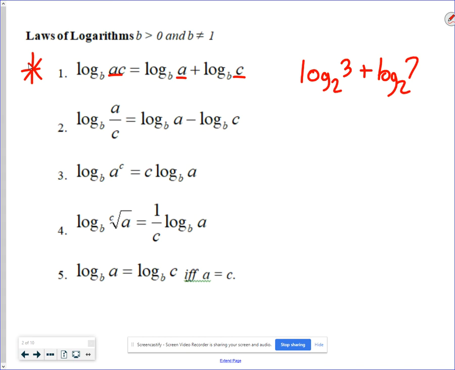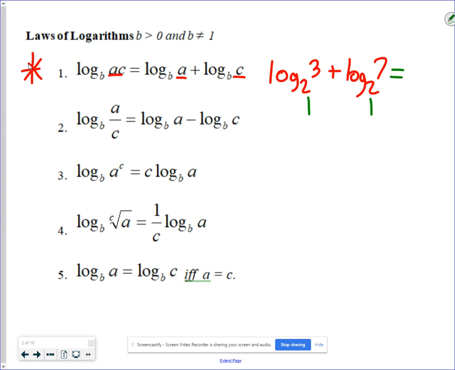So log base 2 of 3 plus log base 2 of 7, that would equal, well, both of these logarithms have the same base. So that would equal log base 2. The base stays the same. And then what you do is multiply those together. 3 times 7 is 21. So log base 2 of 21 would be the answer.